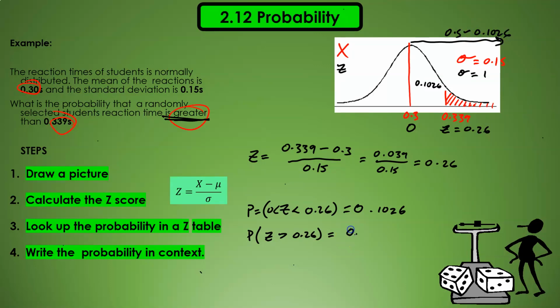So 0.5 take away 0.1026 gives us the answer 0.3974. Okay, so the probability that it's above that number is 39.74%.